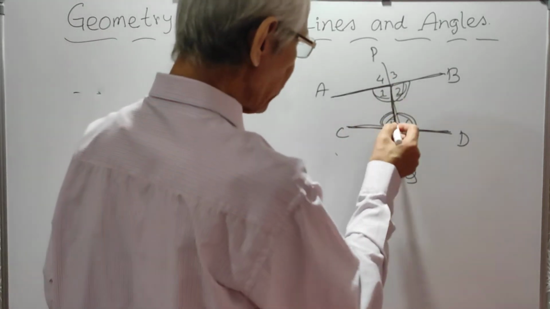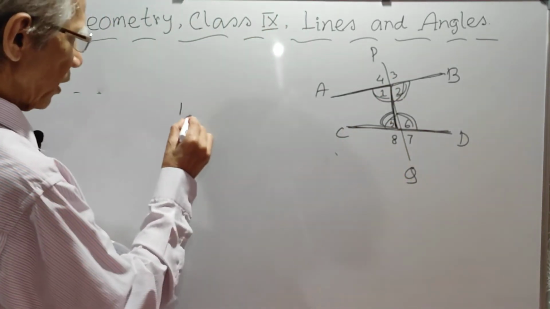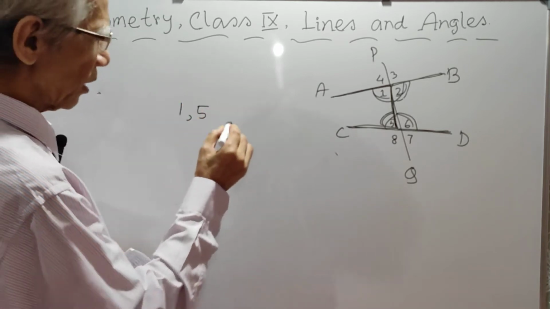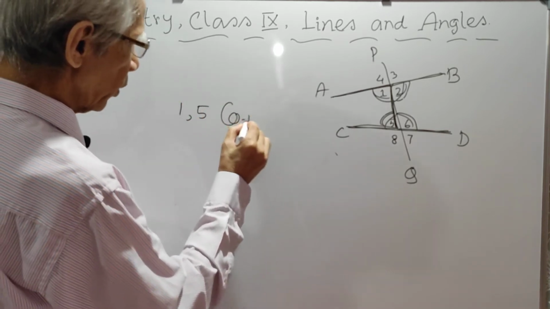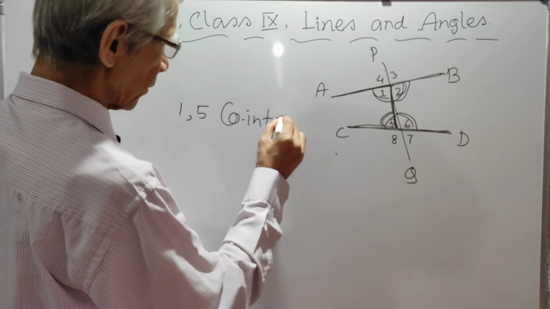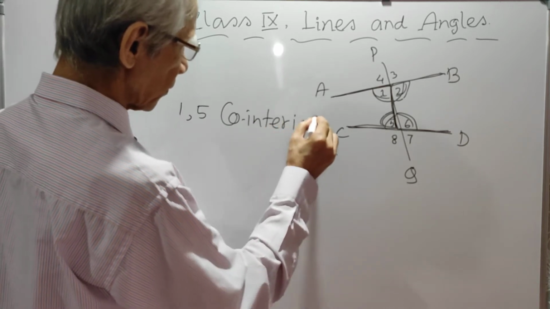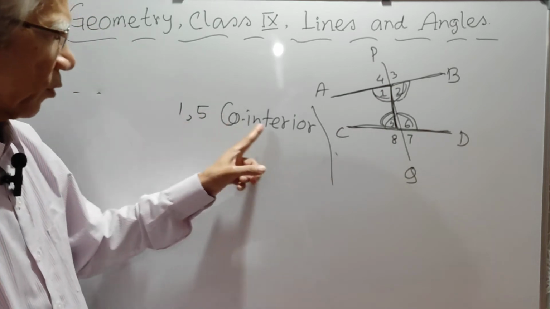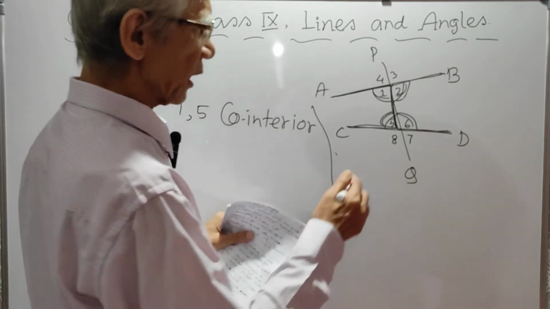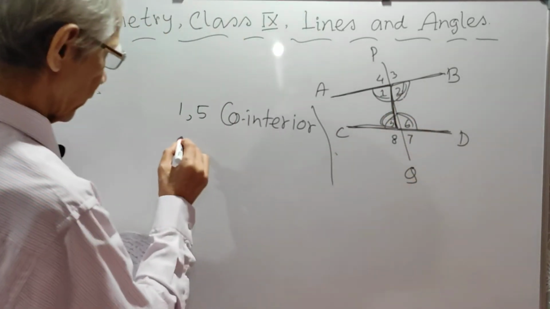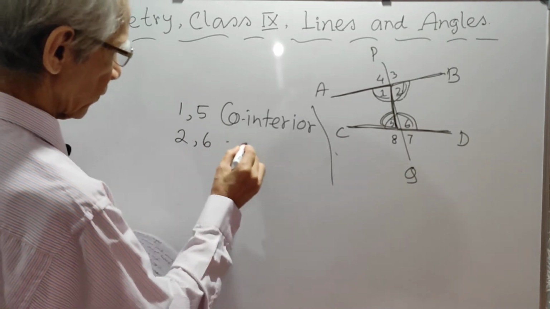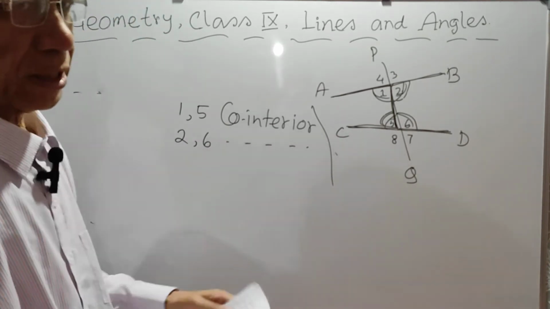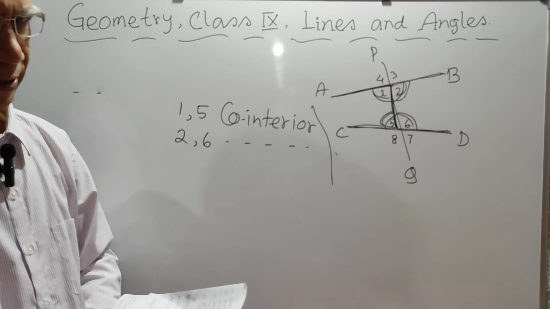Now this 1 and 5, that is one pair of co-interior angles. So 1 and 5 is the first pair of co-interior angles, and the second pair is 2 and 6. So there are two pairs of co-interior angles.